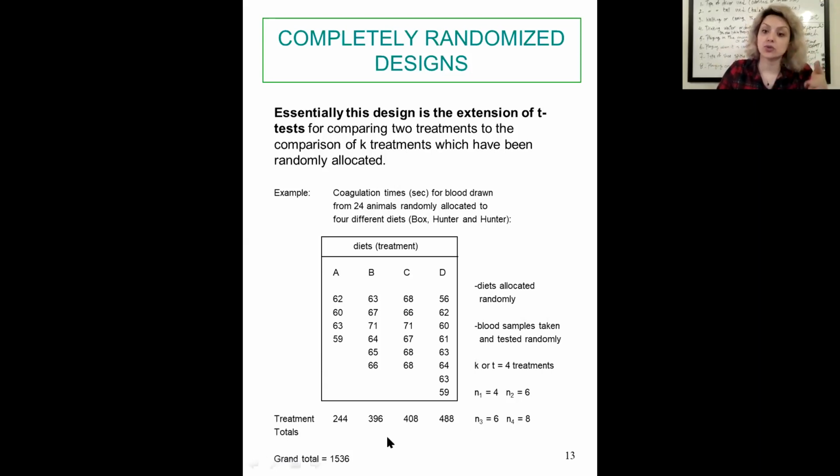Also, we can have a grand total, which means you add all of these together, and you can have the grand total average as well, which is 1536 divided by the total number of observations that you have. You would divide it by 4 plus 6 plus 6 plus 8, which is 24, right? At the beginning, we said we have 24 animals, but you can add them as well. So 1536 divided by 24 gives you the grand total average, so it's like all the diets, all the treatments together.